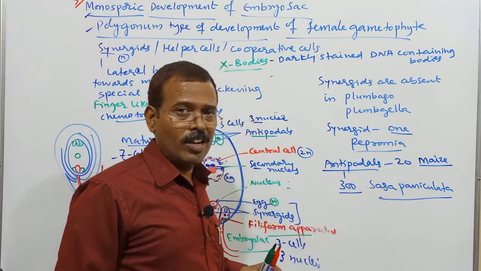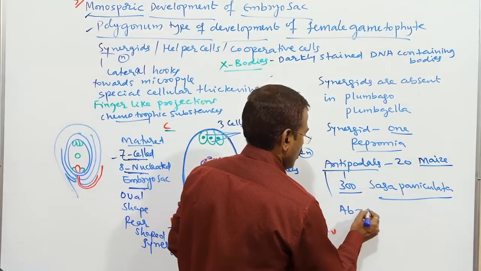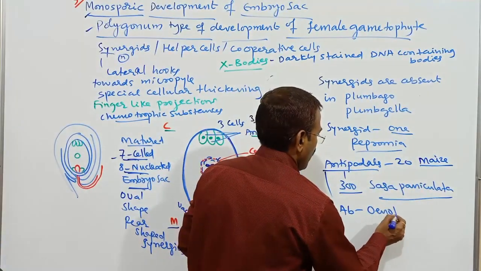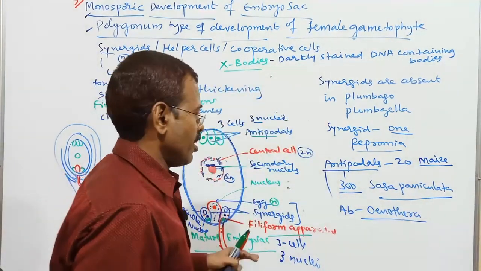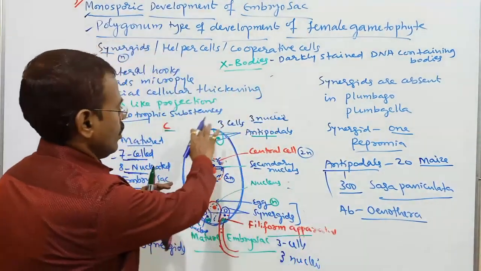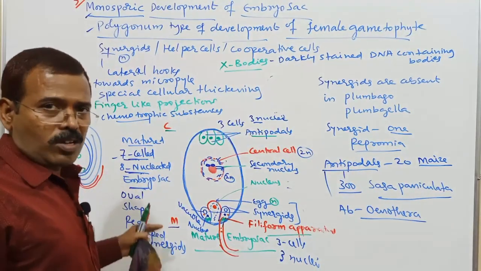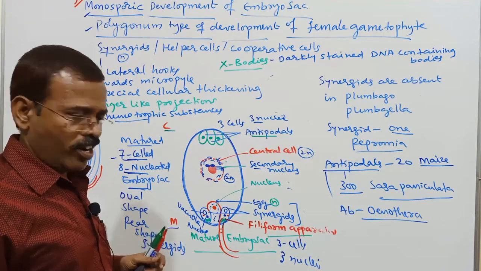Antipodals can be absent in a plant such as Oenothera. Okay, so this is the female gametophyte or embryo sac. So try to remember this, very important.